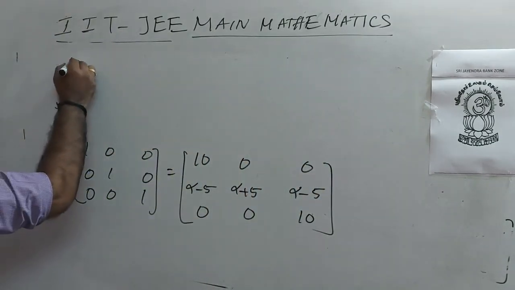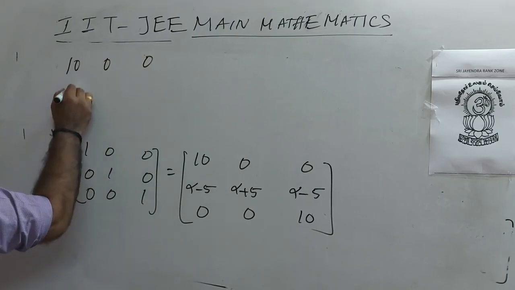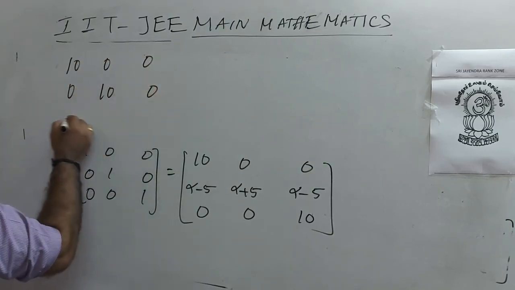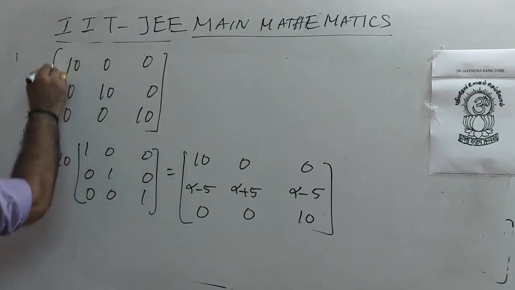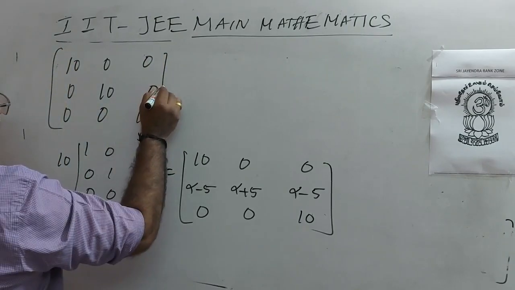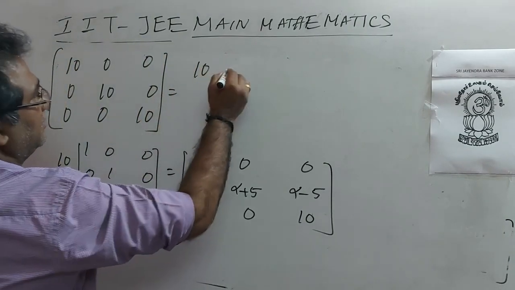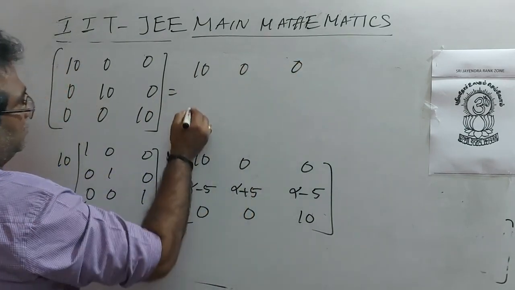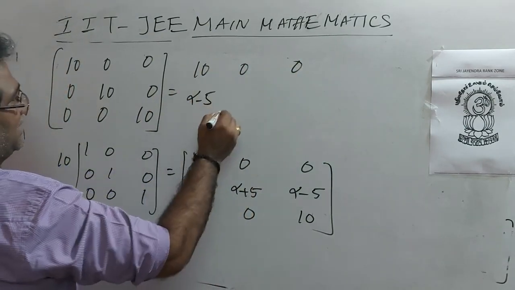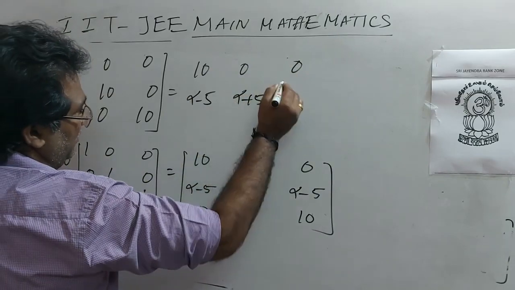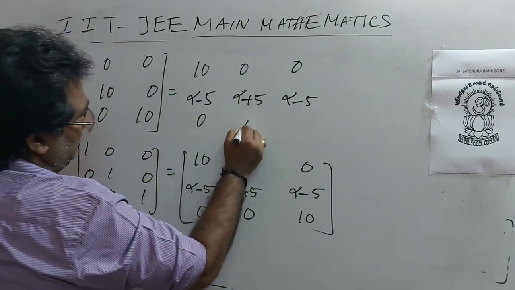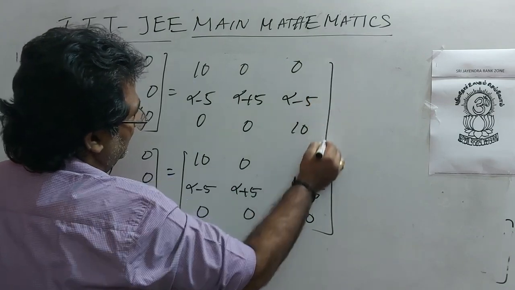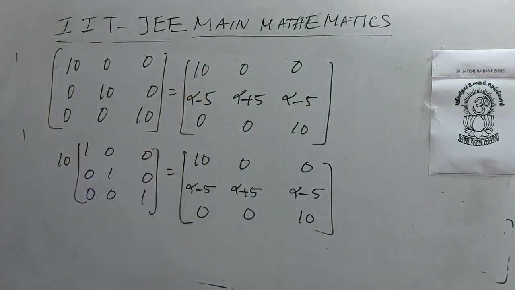So 10 0 0, 0 10 0, 0 0 10 equal to 10 0 0, alpha minus 5, alpha plus 5, alpha minus 5, 0 0 10.